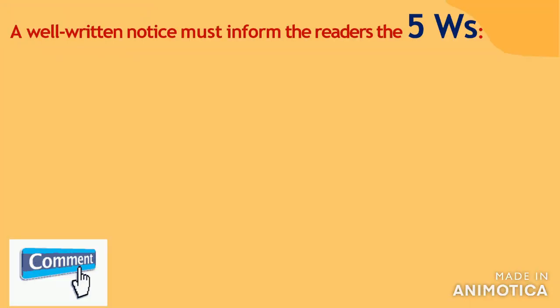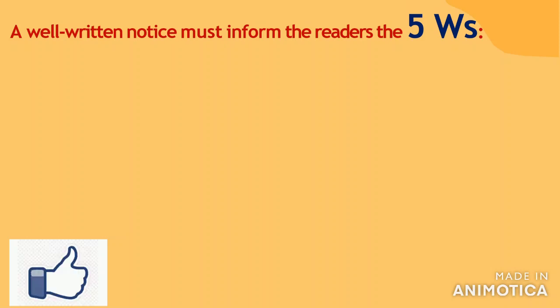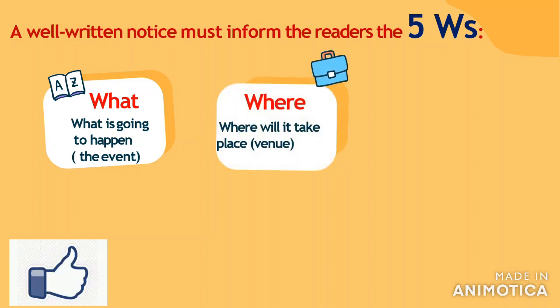A well-written notice must inform the readers the 5 W's. Now, which are the 5 W's? Let's have a look at them. Firstly, when we write the notice, we should make sure that it mentions what the event is. Secondly, it should give us an idea as to where the event is going to be held.